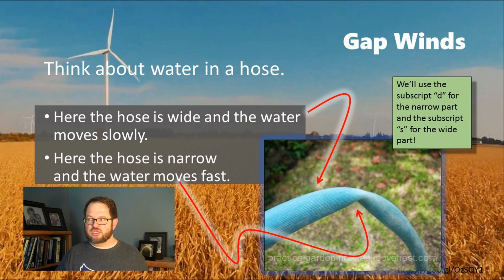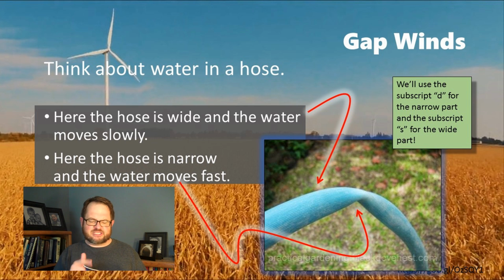This is how a nozzle works on your hose. It creates a narrow little gap inside the nozzle for the water to pass through. The water has to accelerate to move through that little gap, and that causes the water to move much faster than it is moving in the hose, and you can spray the water a long distance.